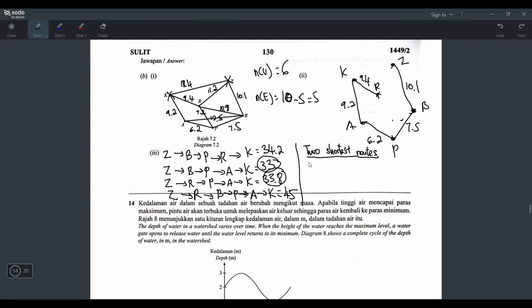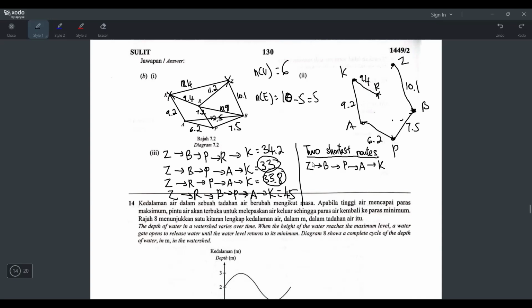So the first one, I recommend you list down the arrows, the path. So Z to B, B to P, and then P to A to K. And I also recommend you calculate the distance too. You write down the distance, you write down how you get the 33.